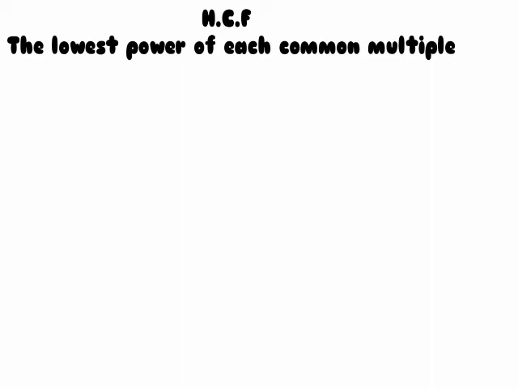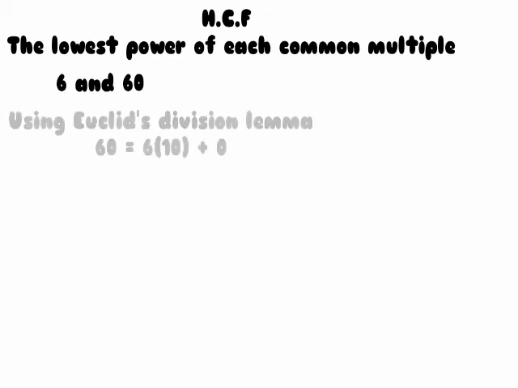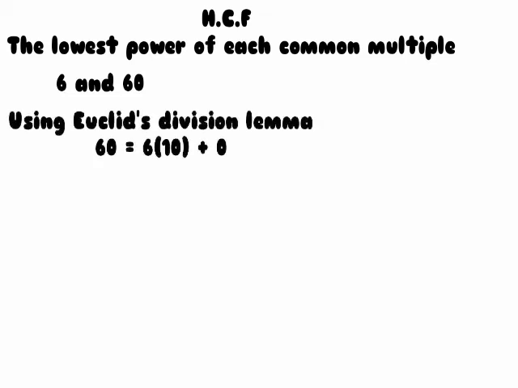If we have small numbers such as 6 and 60, then we can use the prime factorization method or the division method. The choice is yours. When you divide 60 by 6, the remainder will come out as 0.